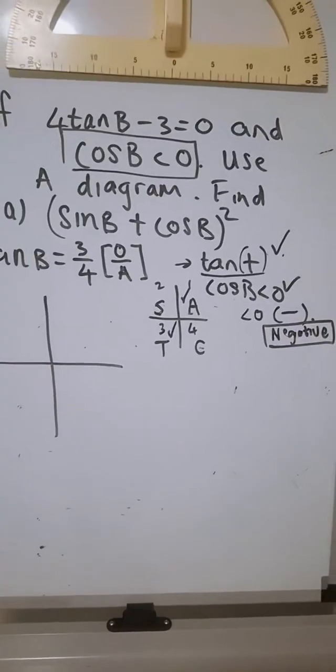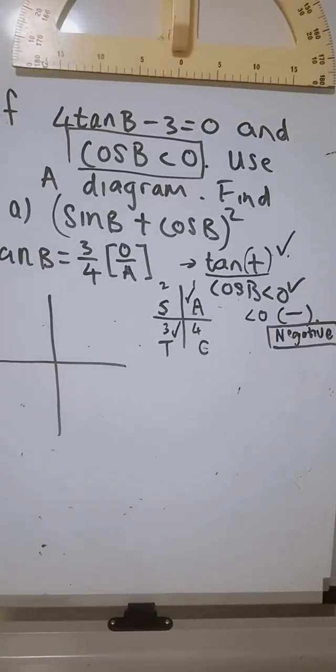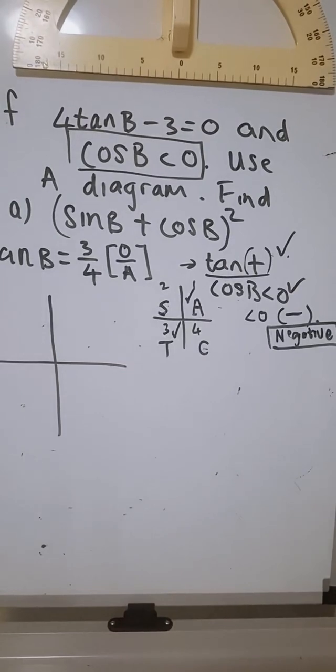So that means cos is negative. So our question then is, where is cos going to be negative? Because that's where we are going to tick next. Is it in the first, second, third, or fourth quadrant?